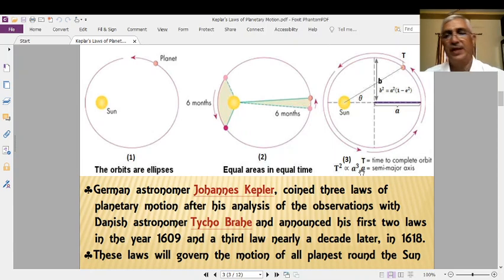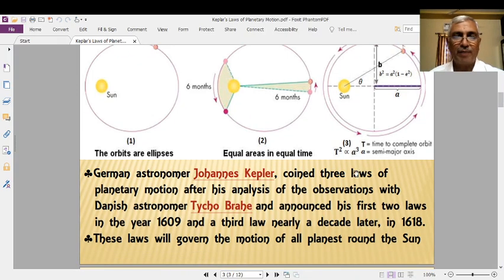Kepler proposed 3 laws to govern the motion of the 8 planets around the Sun. With the help of another astronomer, the Danish astronomer Tycho Brahe, he proposed the first 2 laws in the year 1609.